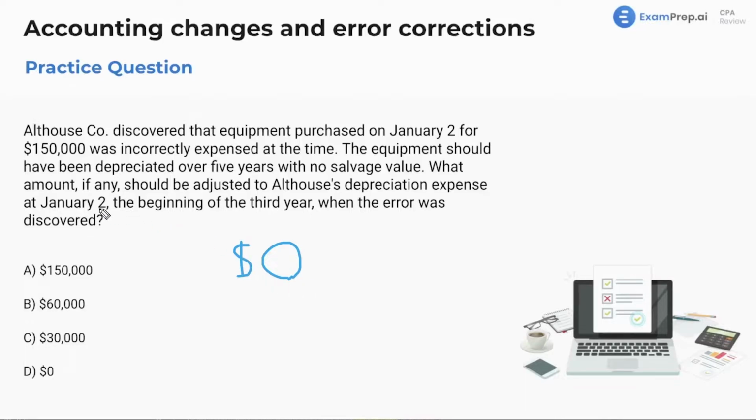So if it asked us in a month, February 1st, that would be 1 month of depreciation for the asset there. Final answer is going to be letter D, $0. So more of a kind of thinking this through, not so much math, just little tricks, and practice. You all will get this.